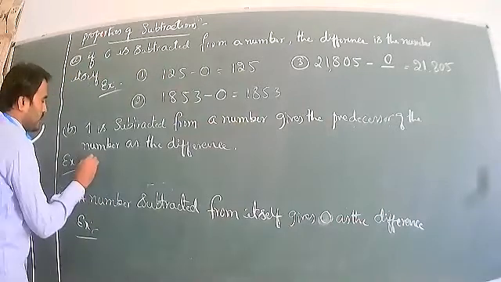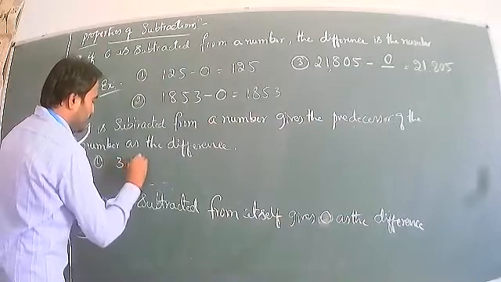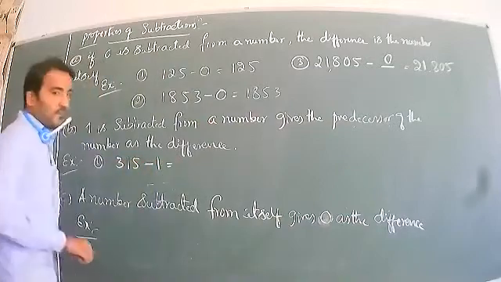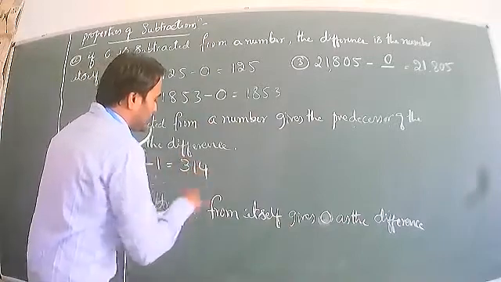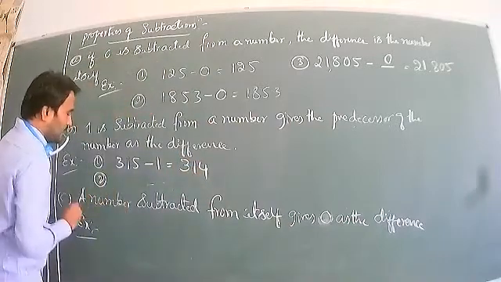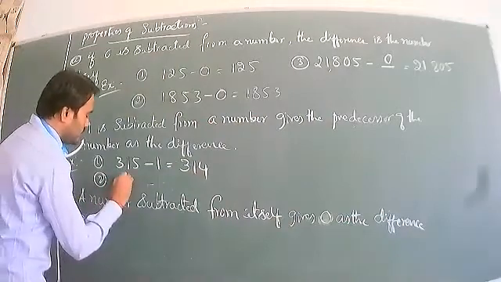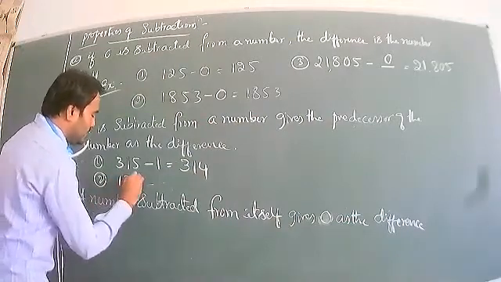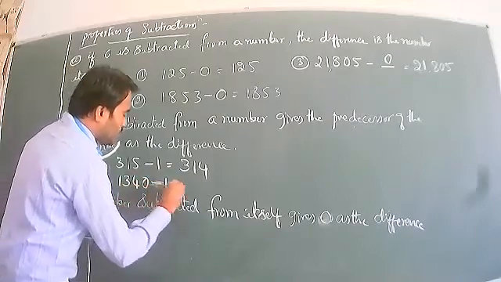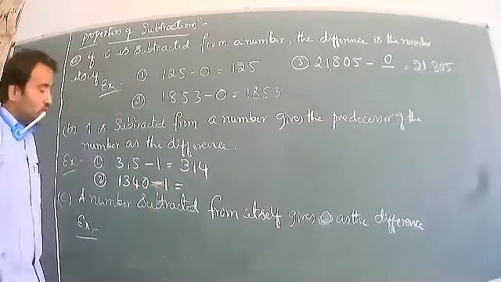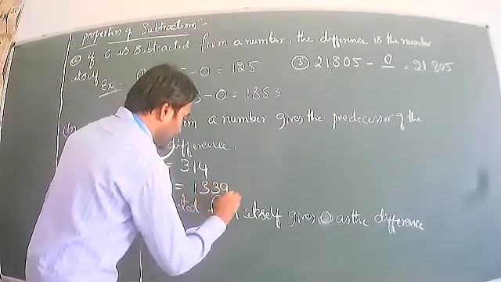Just one more example: 315 minus 1 is 314. Then the second example, 1340 minus 1. What is your answer? 1339.